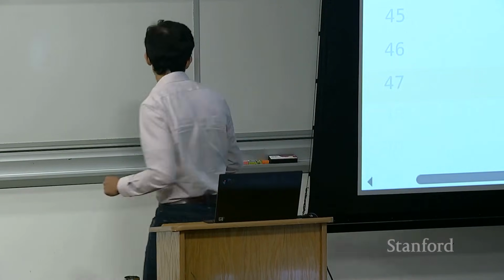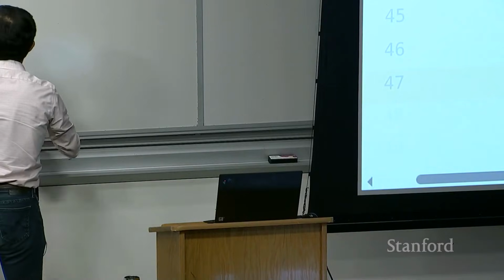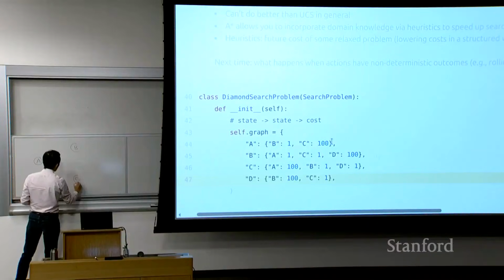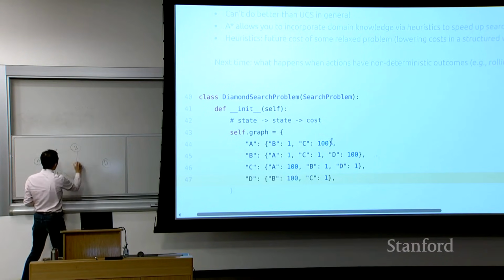Okay. So let's go through some examples and walk through a code to see how this works. So we're going to use this very simple search problem. It's going to be defined by this graph that I just showed. So A is connected to B with cost of 1 and to C with cost of 100. And you can just read that. So let me actually draw this on the board so we have a reference. Okay, so we have A, we have B, we have C, and we have D. And this is 1. This is 100. This is 1.